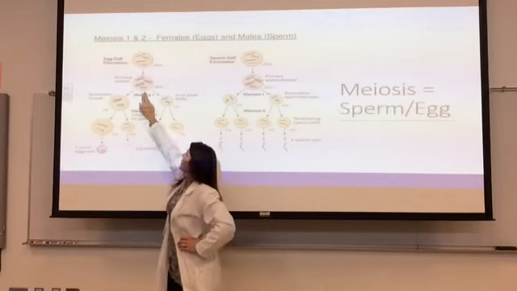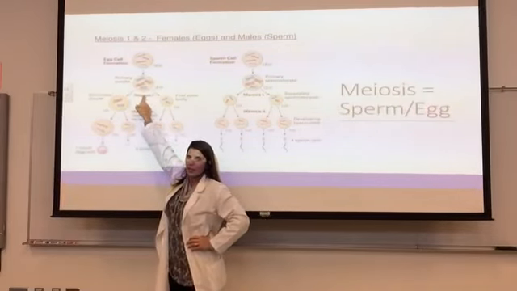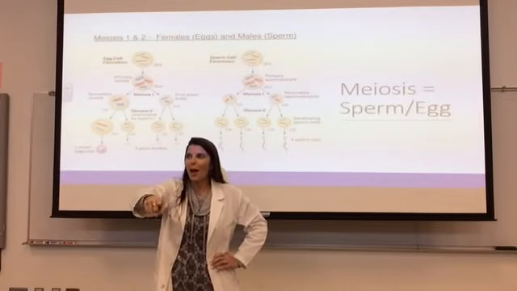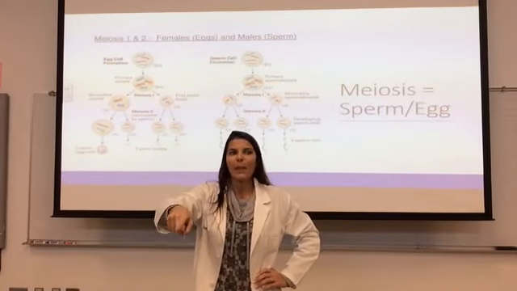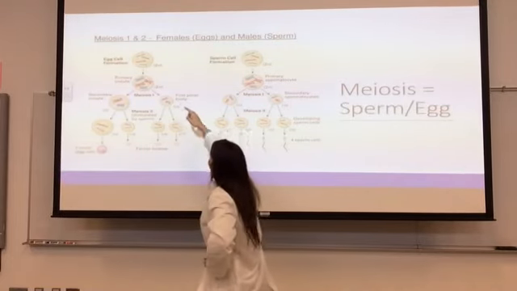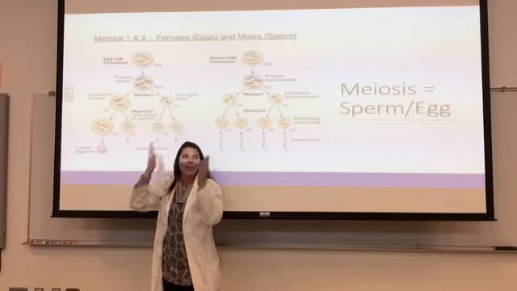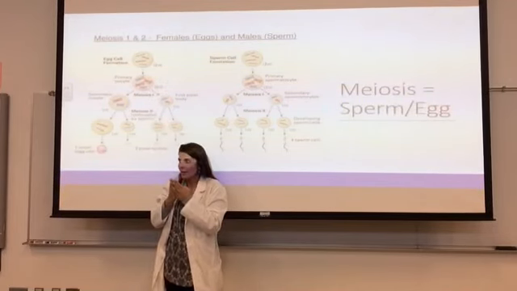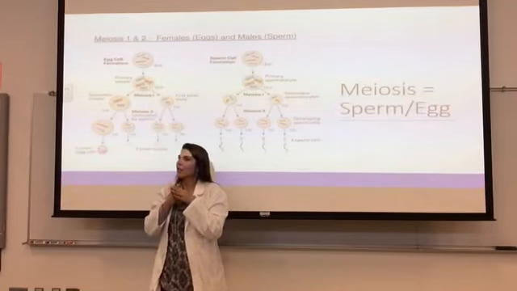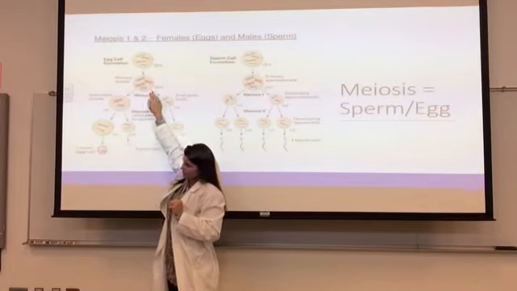What has happened to this cell to make it look like this? Synthesis. What happens during synthesis? It replicates the DNA. DNA is replicated. So I started off with one of each, but remember I have to make an identical copy. So I have my sister chromatids. So that happened during interphase, specifically S.